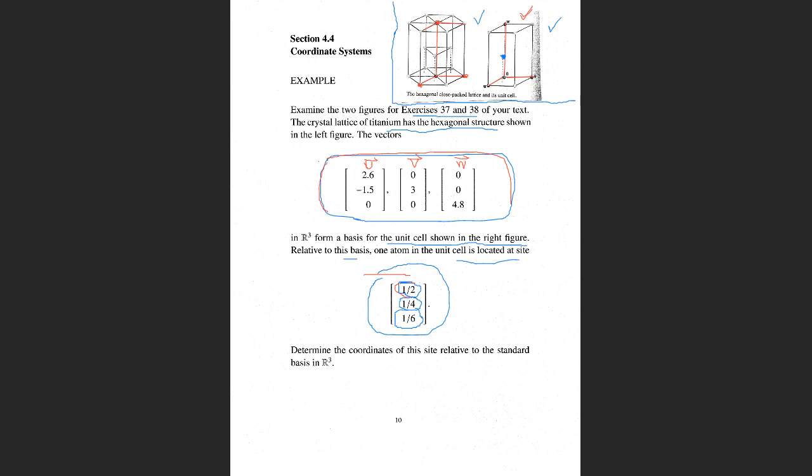So this here, what is this really? I mean, they didn't say what this is, but what is 1/2, 1/4, 1/6? What kind of vector is that? Is it equal to x? Would that be right? Is x equal to 1/2, 1/4, 1/6?